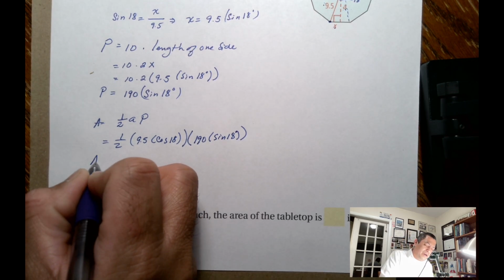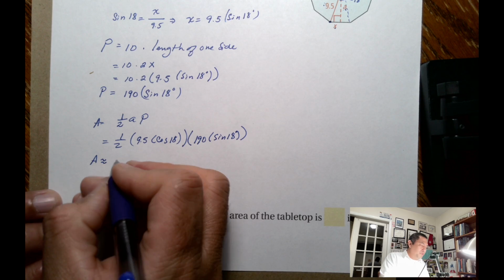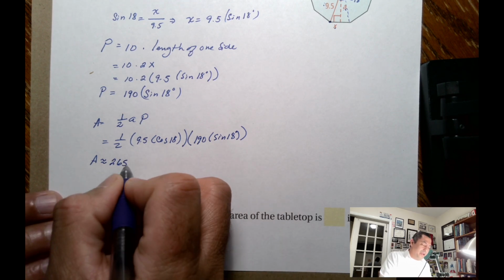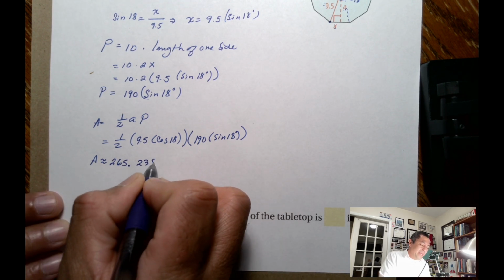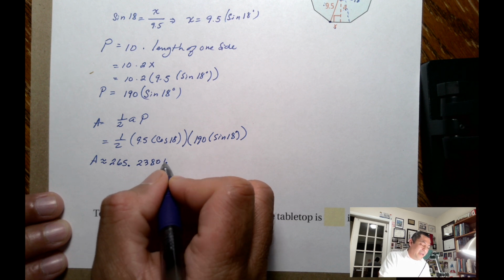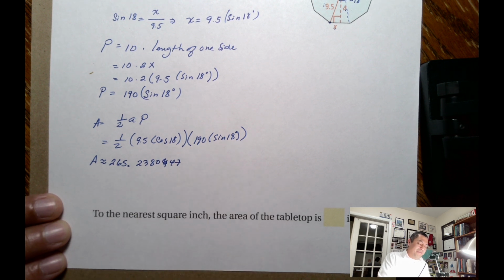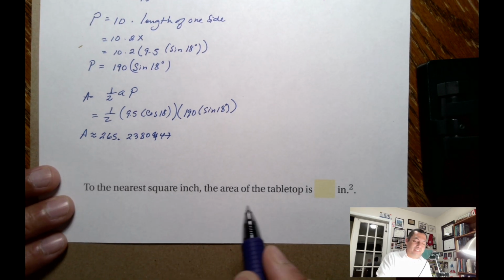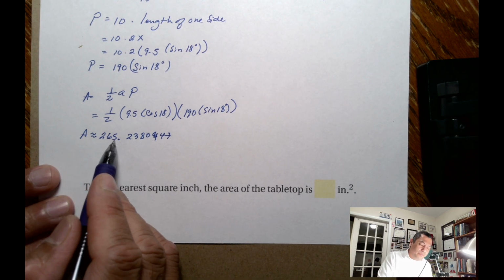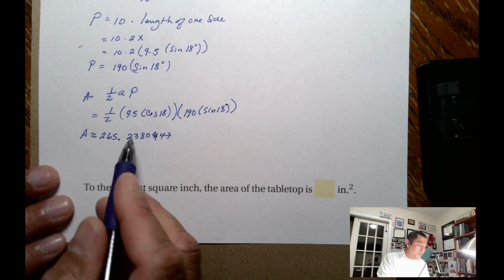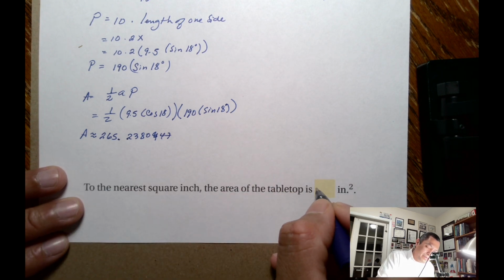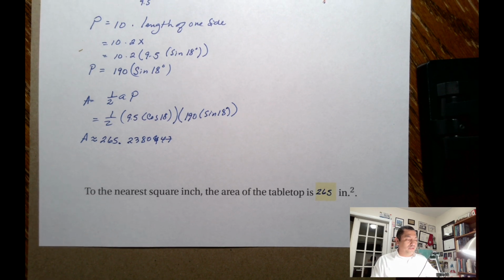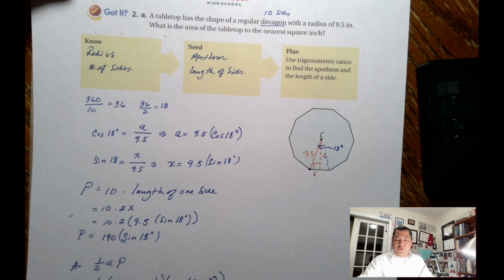So what we are going to have as area is approximately equal to 265.238094 and 7. Now, to the nearest square inch, the area of the tabletop is 265.2. So it's just 265 inches squared. So that's the solution to Got It number 2.